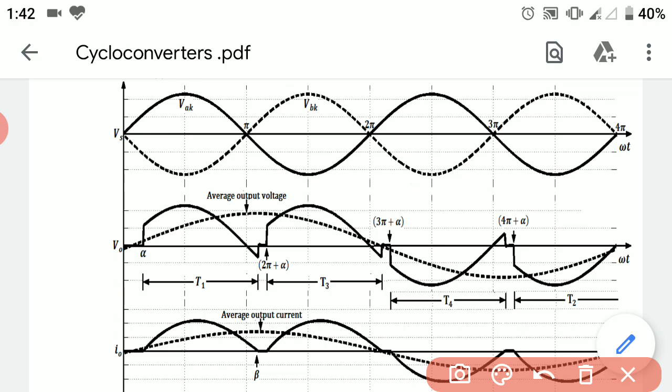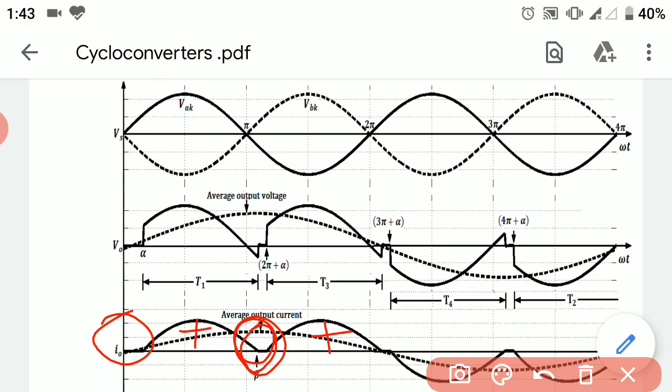Now as you can see from the waveform of output current, between the two positive half cycles there is a time instant when no output current flows, that is zero output current.